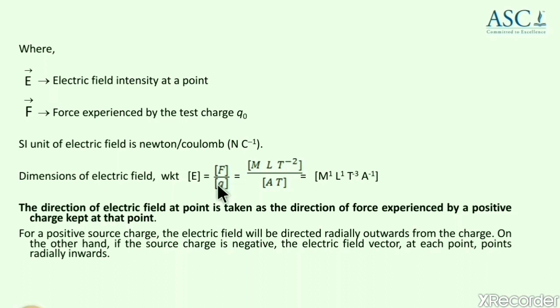You have to use current which has Q in it. So current equals Q by T, Q equals I into T. For current it is A, the first letter of the unit ampere, and for time it is T. So after simplifying, its dimension formula is M1 L1 T minus 3 A minus 1.